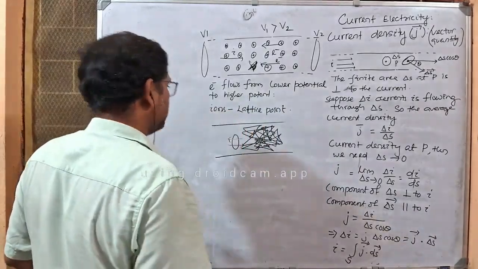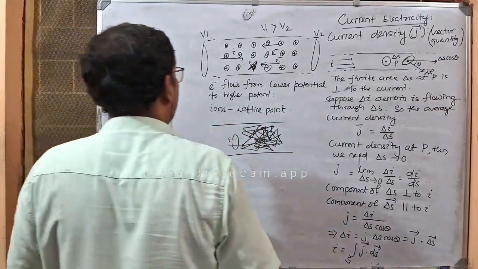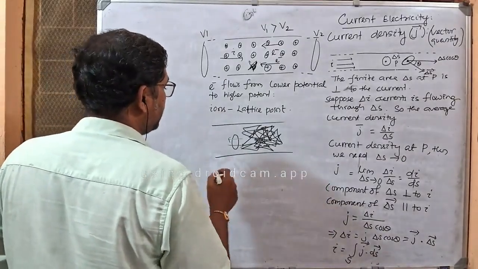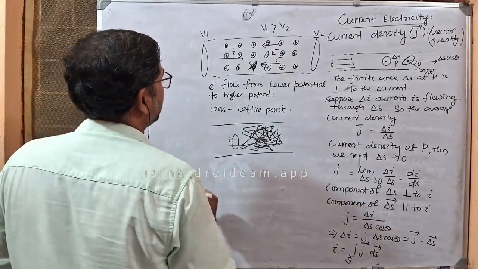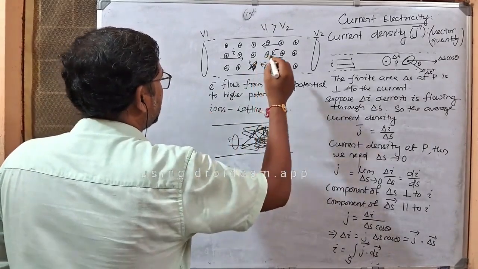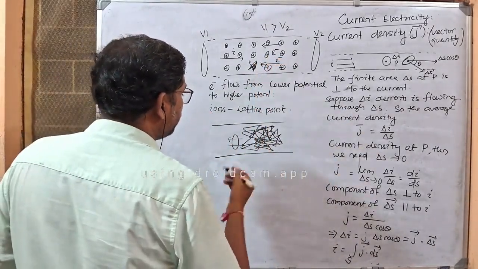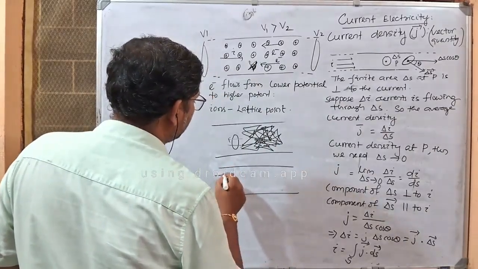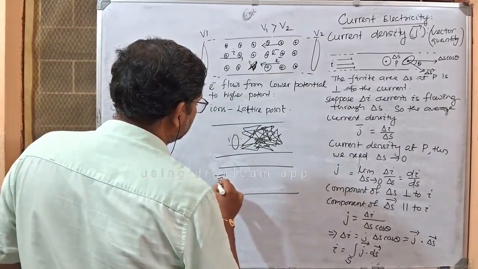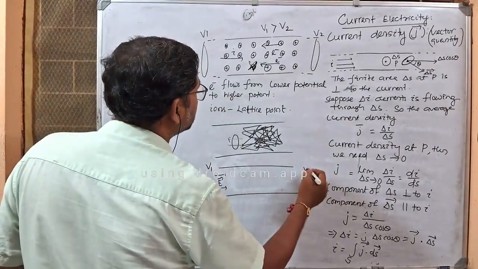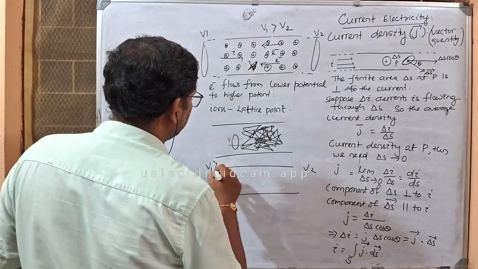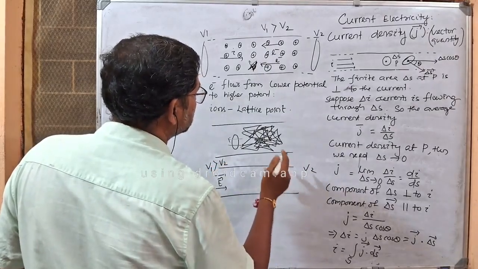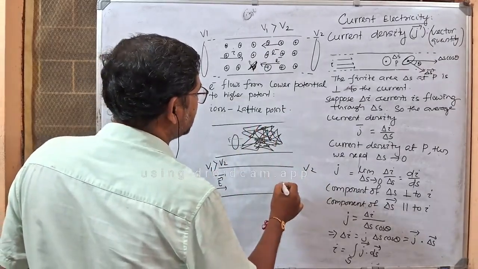But what happens when we give a potential difference? Let me draw. Potential difference means we give an electric field. This end is potential V1, this end is V2, V1 is greater than V2. Now the electron moves somehow like this.